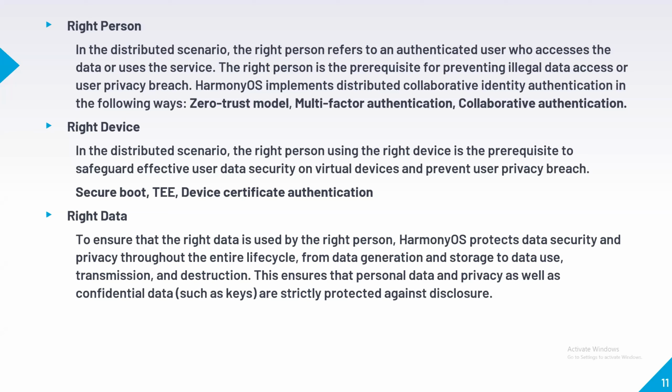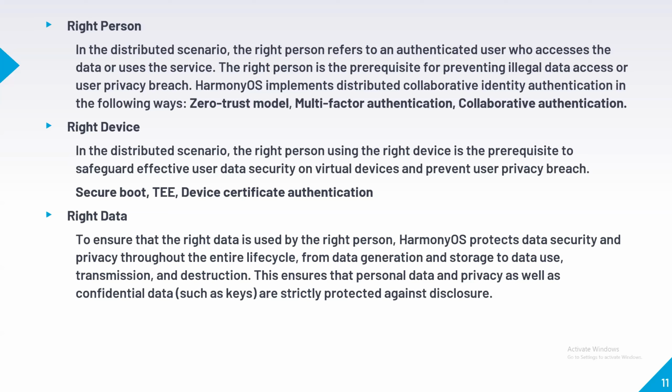One thing to know is to always question whether the person who is using is the right person. We have multiple methods to do that. The first one is the zero trust model. Here we don't trust any entity. Always we try to authenticate. Suppose in the distributed network, you have two devices where you're trying to access. Let us take an example. I have two phones, mine and my friend's.